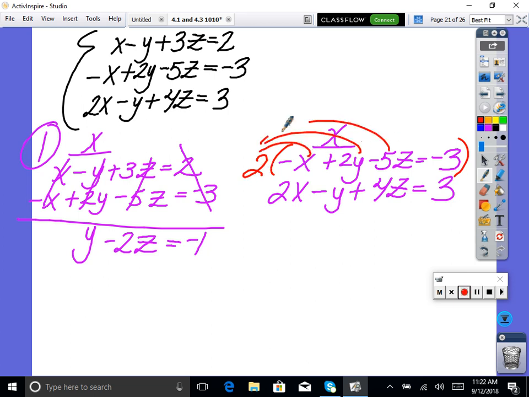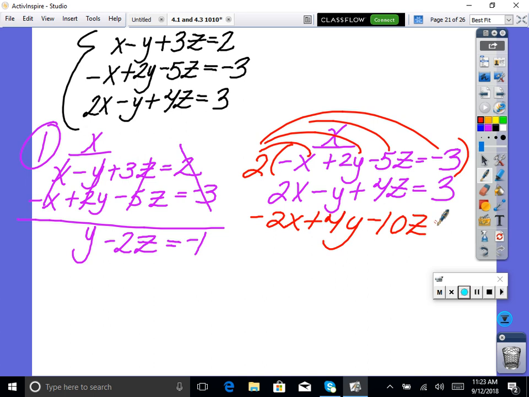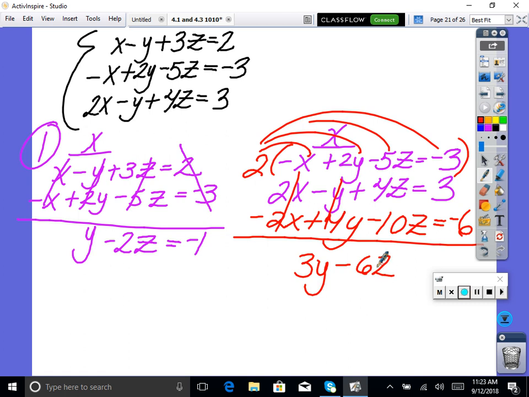So we get negative 2x plus 4y minus 10z equals negative 6. Adding straight down. X is gone. 3y minus 6z equals negative 3.